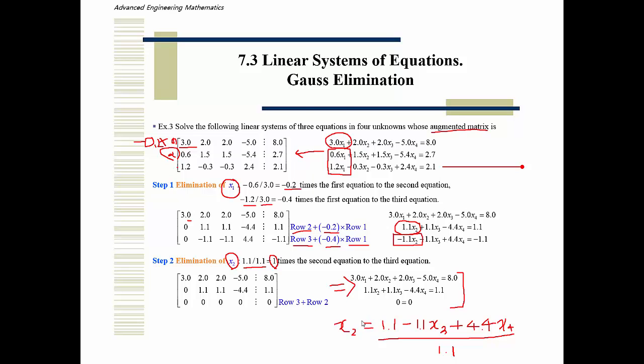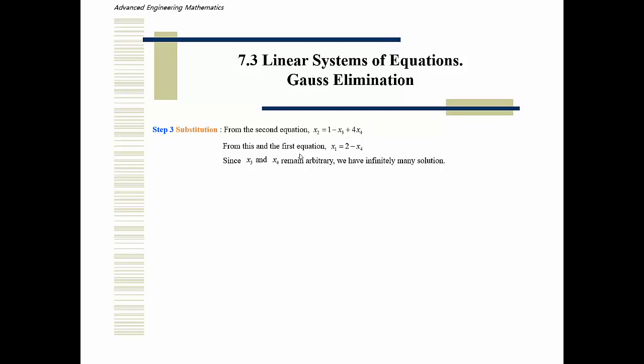So x2 is equal to 1 minus 1x3 plus 4x4, like this.